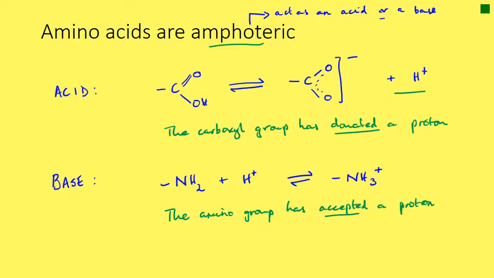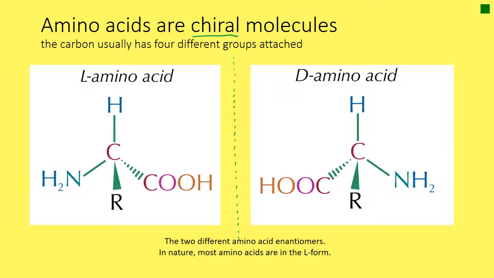But one other feature before we move on to naming amino acids is to do with their symmetry. And so we can say that amino acids are chiral molecules. And let's just make sure that we understand what chiral means. You may remember that that is the left-handedness or the right-handedness of a molecule.